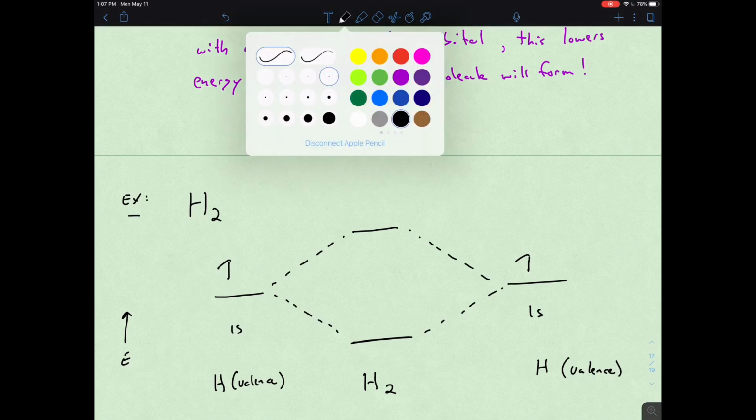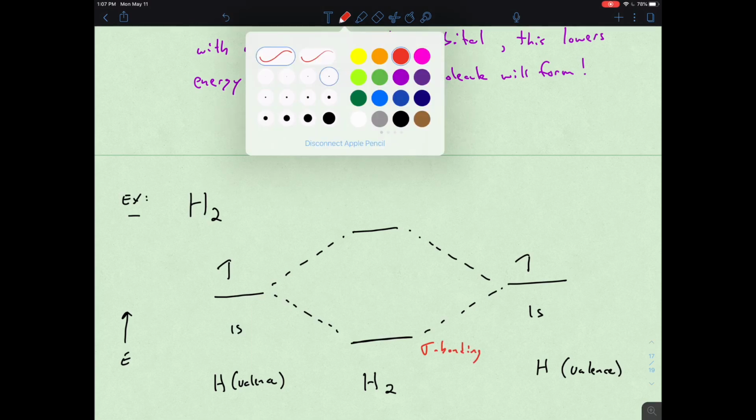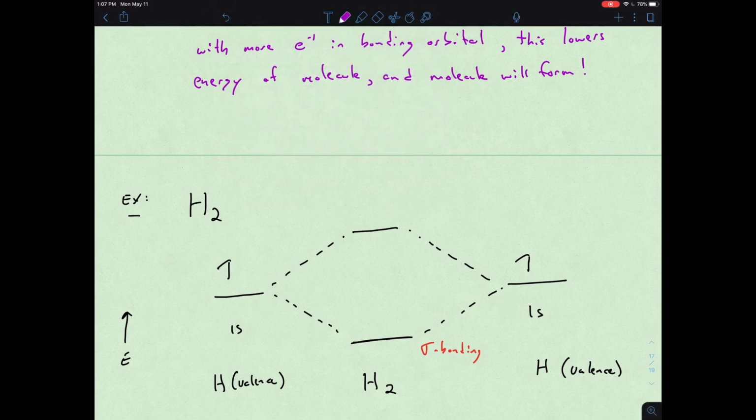So here is our sigma bonding, and up top is our sigma star antibonding.